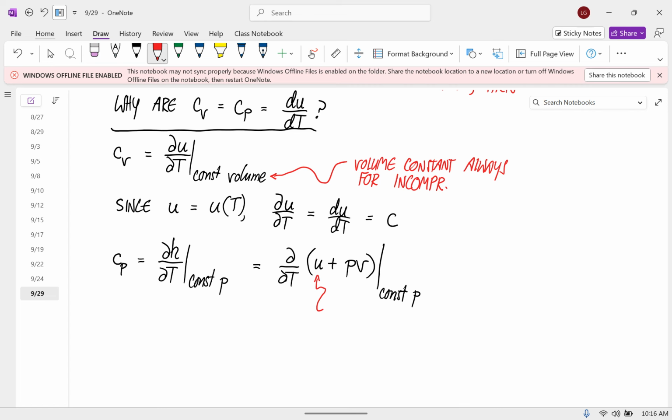Okay, so specific internal energy is a function of temperature. So if I simplify this now, that first term just becomes du dt, plus the partial dt of PV at constant pressure.